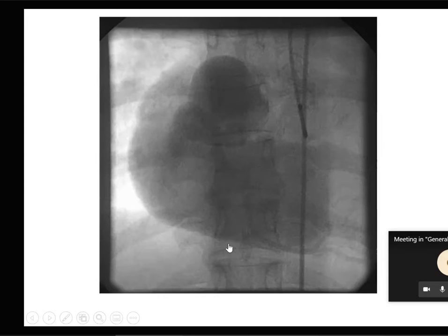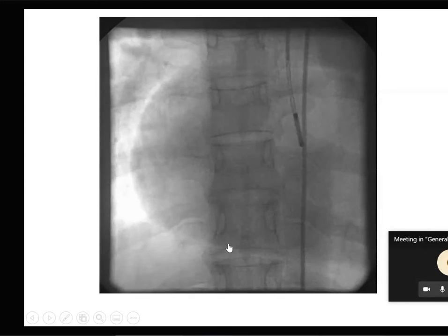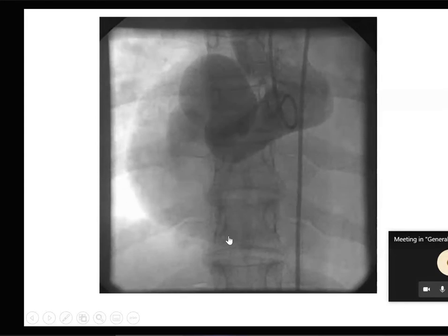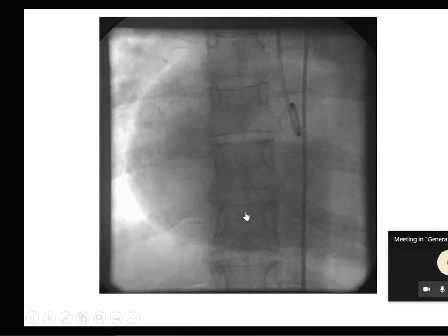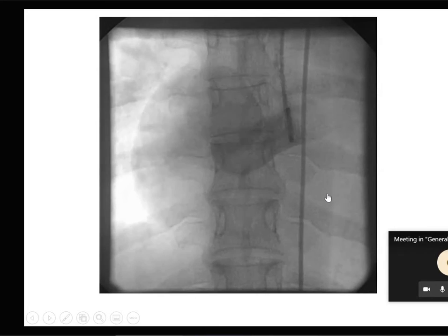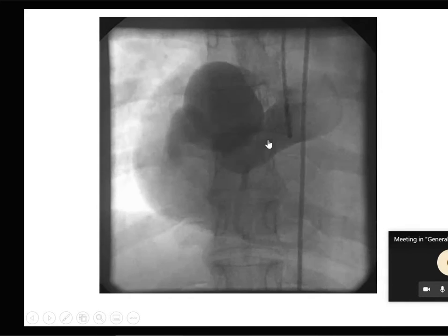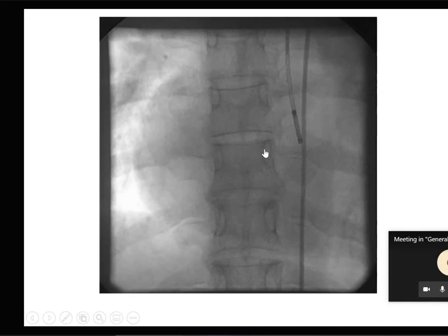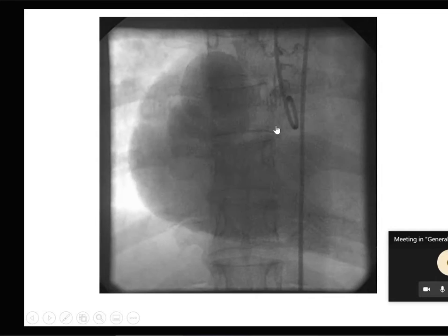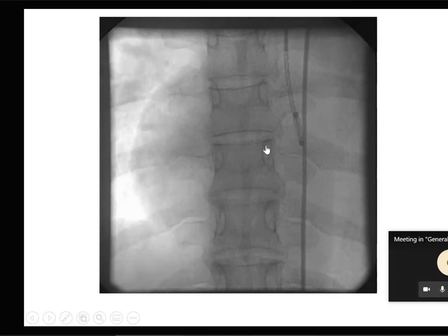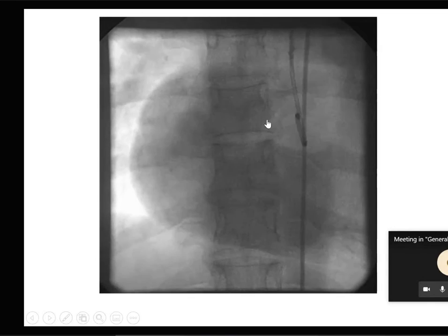What is seen here? Native RCA. So native RCA is seen. So is it arising somewhere near the RCA? You can see the RCA. So the proximal part of the RCA is aneurysmal, dilated.